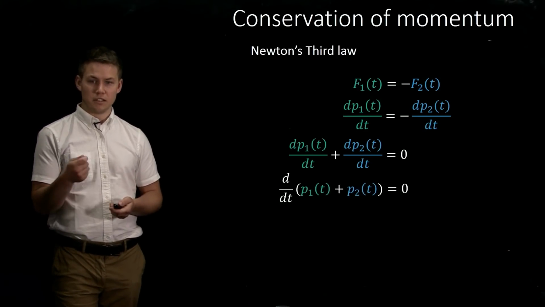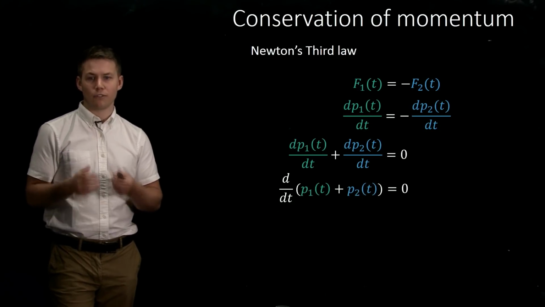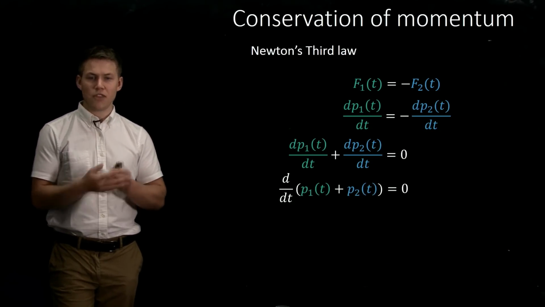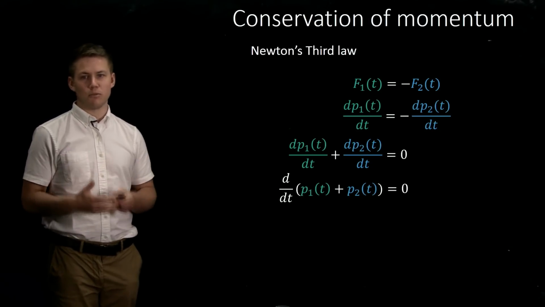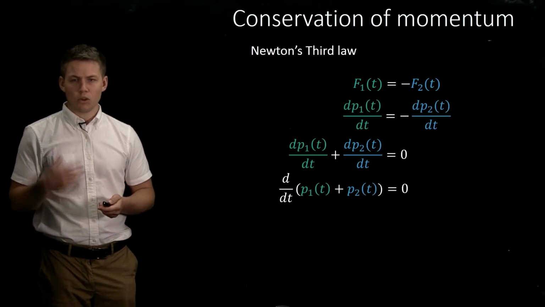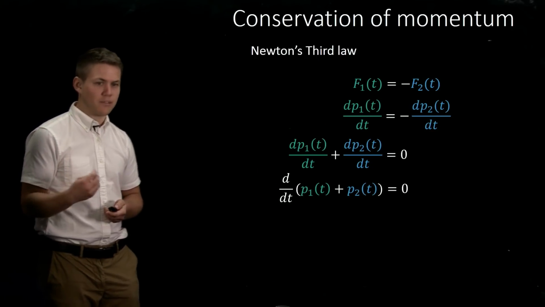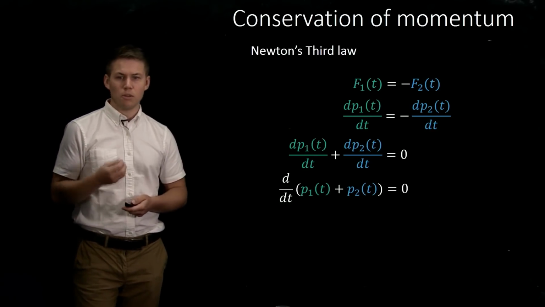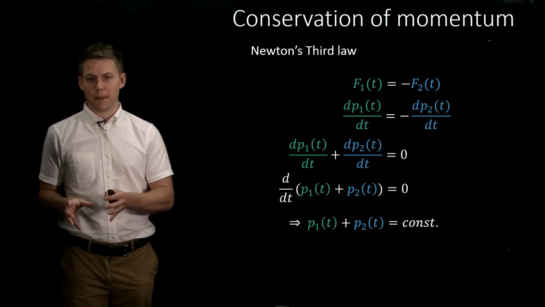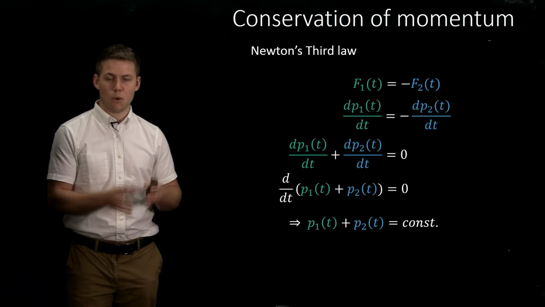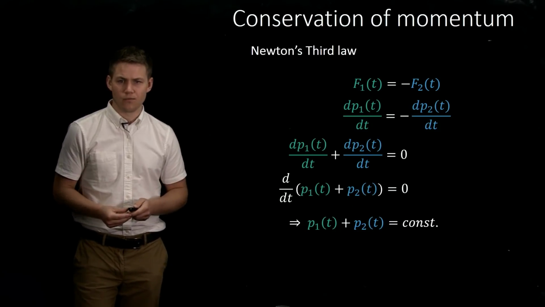We have the differential with respect to time of the sum of the momentum, and that is equal to 0. Notice this has come directly from Newton's third law. What does it mean if the differential of something is equal to 0? Well, it means that thing must be a constant. So the sum of the momentum P1 plus P2 must be equal to a constant.